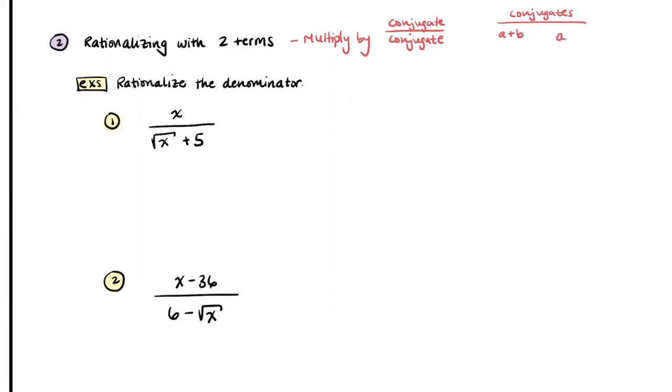So it'll just be A minus B. Vice versa, the conjugate of A minus B is A plus B. The A and the B, the first thing and the last thing, stay the same, and the sign between them changes. Also, if there are radicals involved in one or more parts, like radical A plus B, it would still be the same idea. You just change the sign between them.